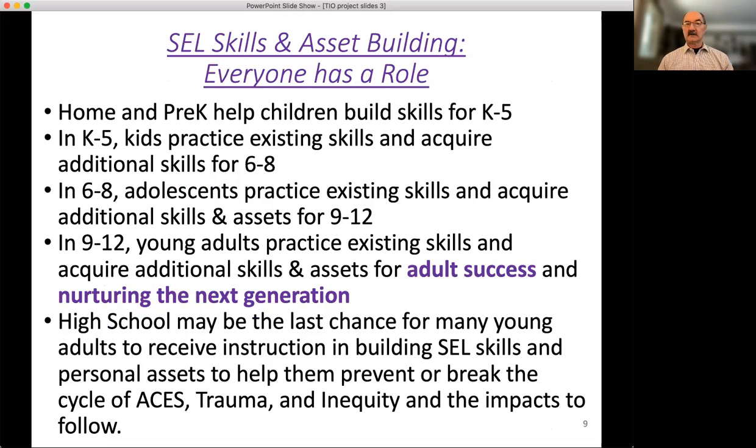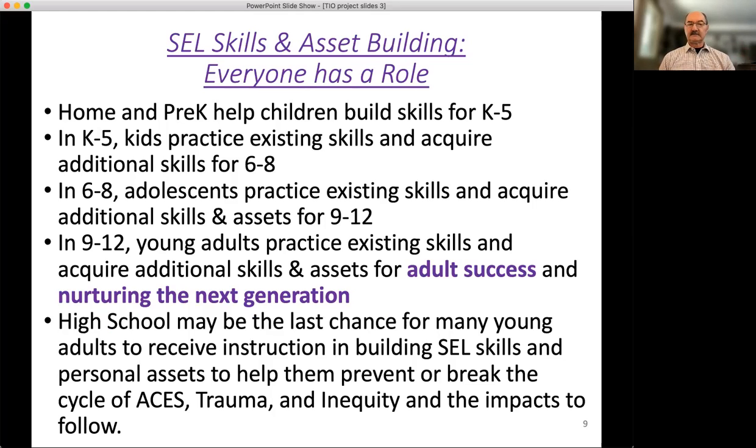So if you take a look at this as a sequence, thinking about grade bands that we had in the planning chart from a previous session, K-5 uses the skills that are built at home and in pre-K. And they also build skills for 6 through 8.